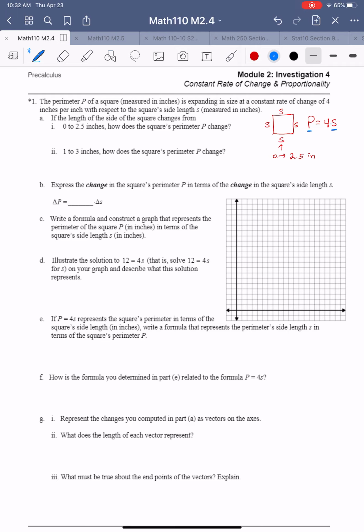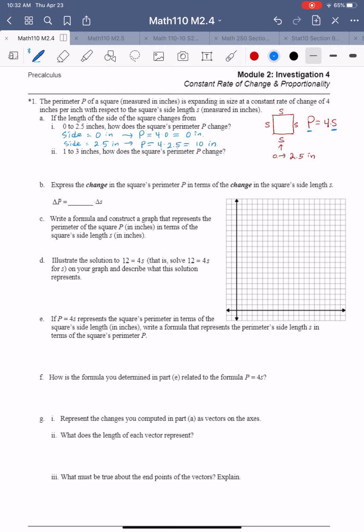When the side was 0 inches, 4 times the side means the perimeter is 0 inches. When the side is 2.5 inches, the perimeter is always 4 times the side, so it's 10 inches.